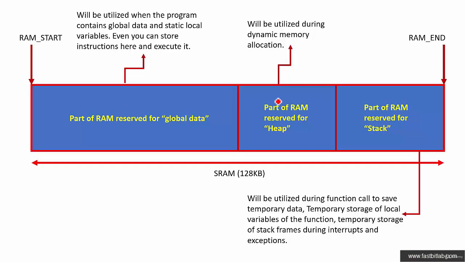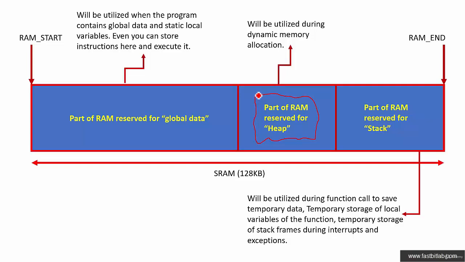Those libraries reserve the space or memory from this part of the RAM. You have to inform the standard library or compiler which part of the RAM you want to reserve for heap or stack or global data. Those settings you have to do in your toolchain or from your linker scripts. So we'll see that later, don't worry.